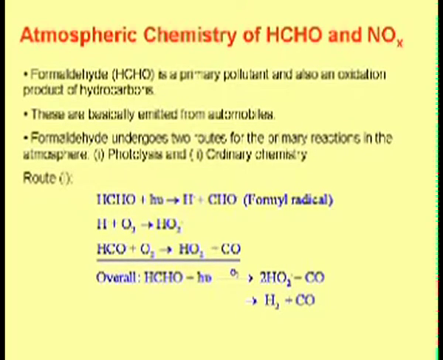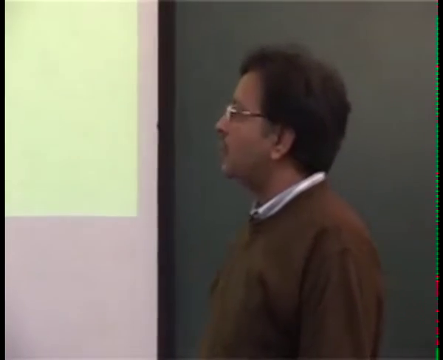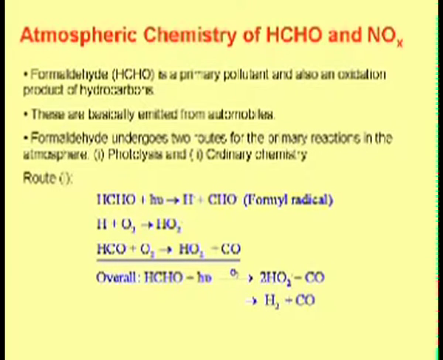Formaldehyde undergoes two routes for the primary reactions in the atmosphere. One is photolysis and the other is ordinary chemistry. Let's see the two routes. HCHO, with the h nu reaching the earth, the wavelengths which reach the earth can break it down to atomic hydrogen and the formyl radical, and this atomic hydrogen can react with the oxygen present and give me HO2, more HO2.